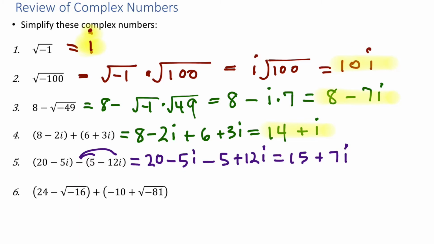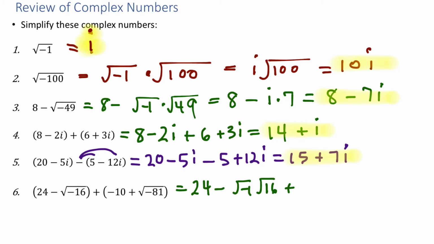Okay, let's do one more of these. There's a plus in between these two complex numbers, so I can take off the parentheses. So I've got 24 minus, so this is going to be the square root of negative 1 times the square root of 16. And I'm going to take off the parentheses on the last complex number.